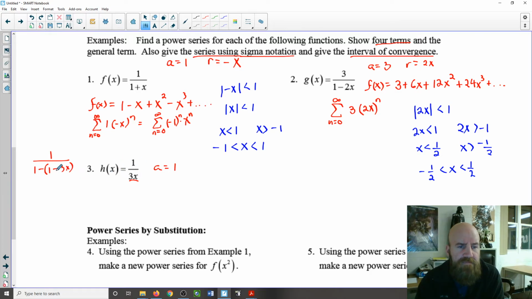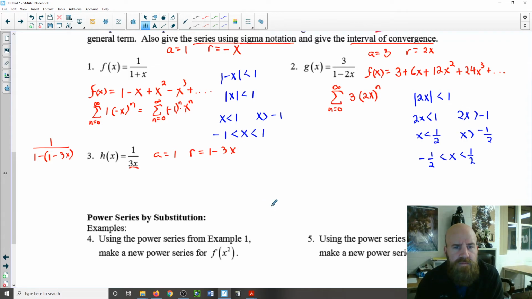Okay, that's our problem. So a value is 1 on top. And then we're subtracting this r value. So our r value is 1 minus 3x. Okay.